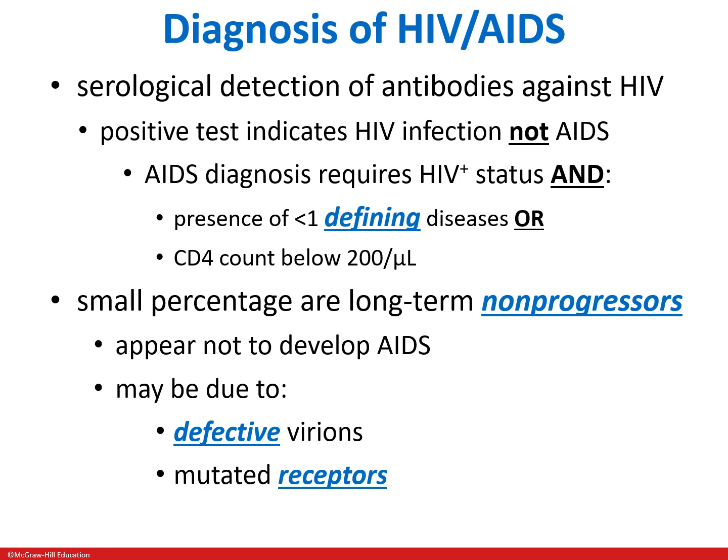Those CD4 receptors might not be the right shape to effectively bind and invite in the virus. And in some cases, even if the virus gets into the helper T cell, they have such a well-developed immune system that they can counteract the loss associated with it. So there's a lot of research into these non-progressors to see if there's something that we can use as a therapy or a prevention by way of how their immune system functions.